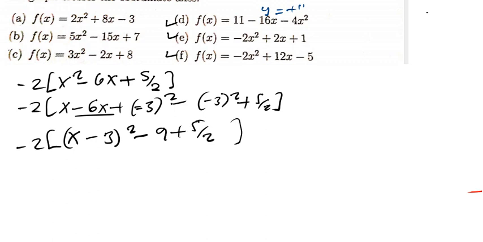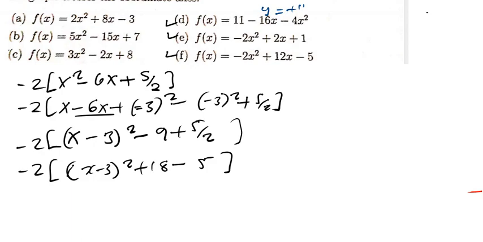When I reach at this point, just do times, open the brackets. Okay, x minus 3 squared, negative 2 times negative 9 is positive 18, and this one is going to give me negative 5.